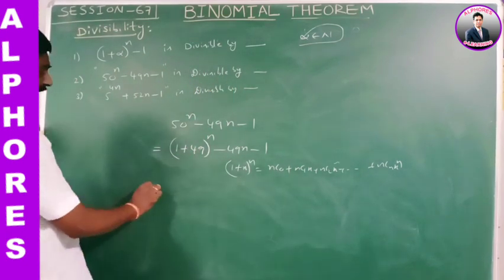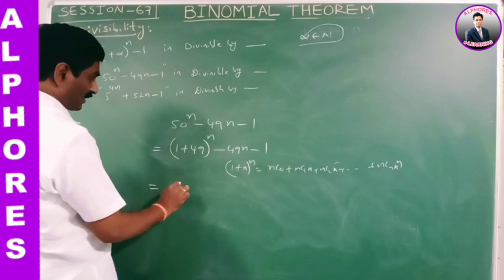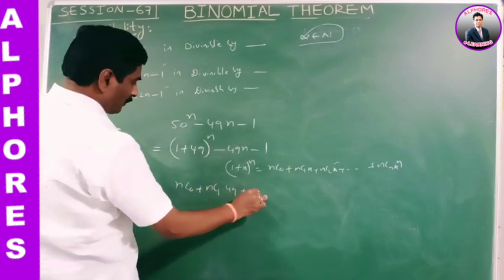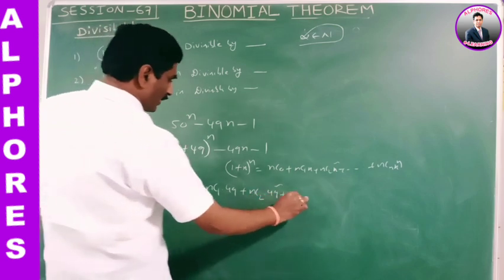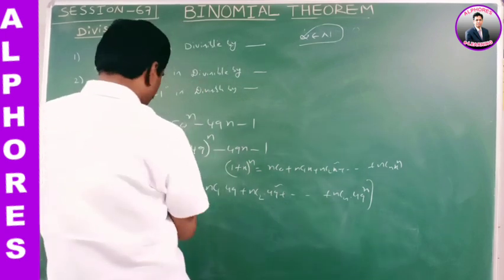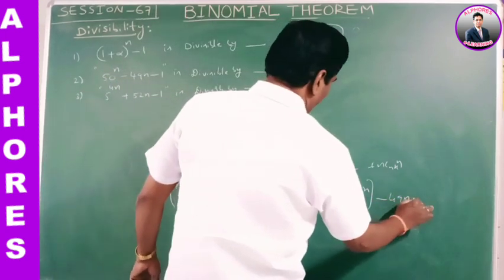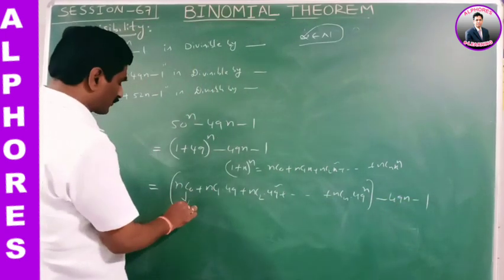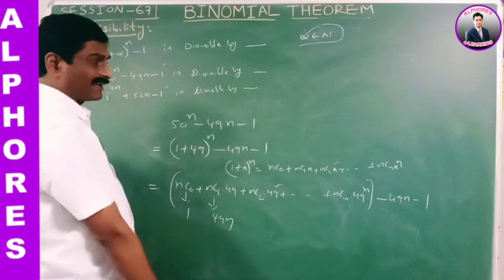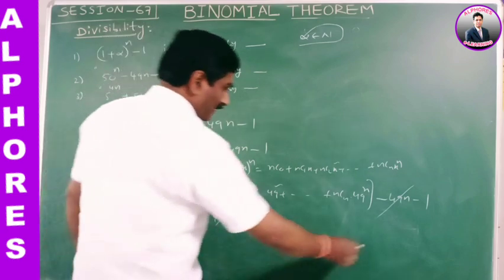After expansion it becomes nC0 + nC1 times 49 + nC2 times 49^2 + and so on, up to nCn times 49^n, minus 49n - 1. nC0 means 1, and nC1 times 49 is 49n. Here 49n and 49n cancel, and 1 cancels.